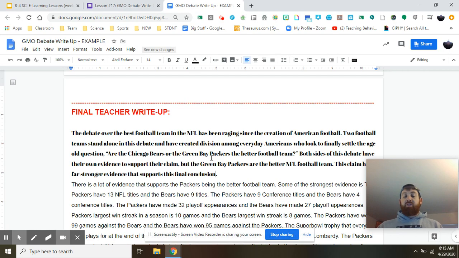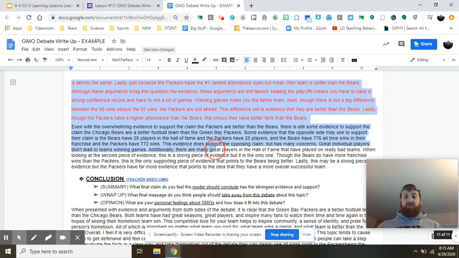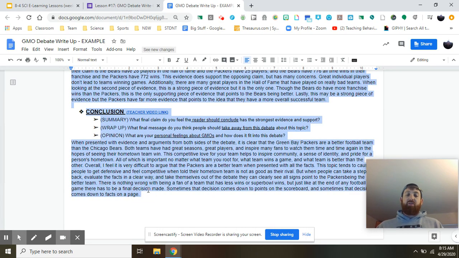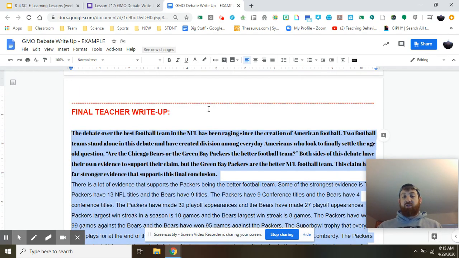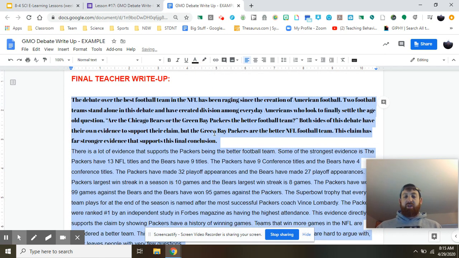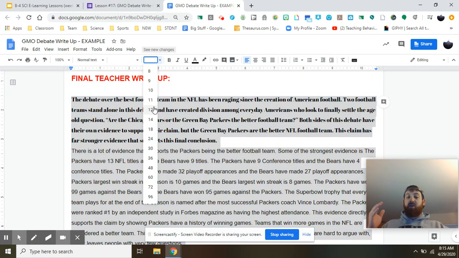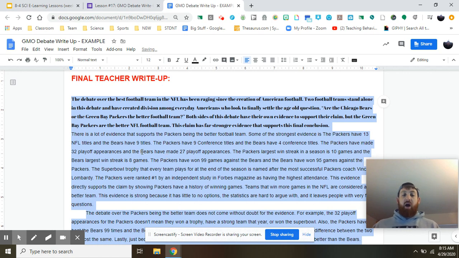The second thing we need to do is make sure that, like I said before, everything is uniform. So we need to do some very simple things, like make sure all the lettering is the same color, okay? If you change the lettering, obviously it needs to be black. You need to make sure that everything is the same size. Most teachers like anything between 11 and 14 font. I don't care as long as it's all the same and it's 11, 12, or 14, totally up to you. I'm going to go with 12. From there, we need to make sure we have the same font.